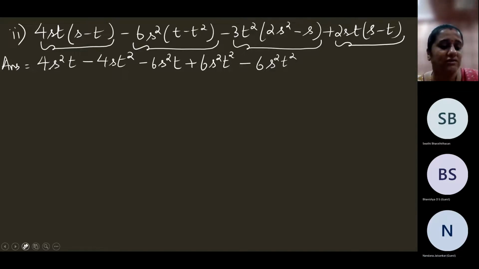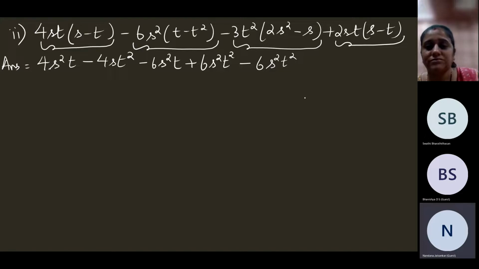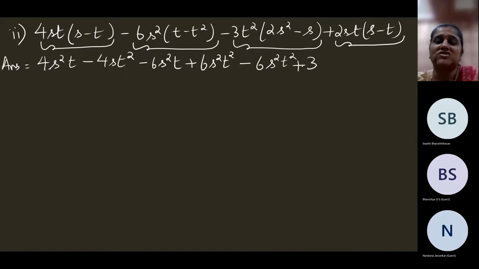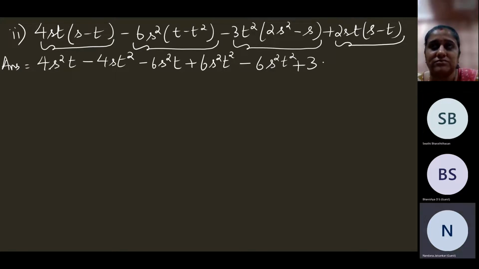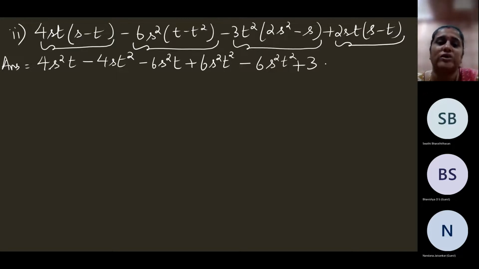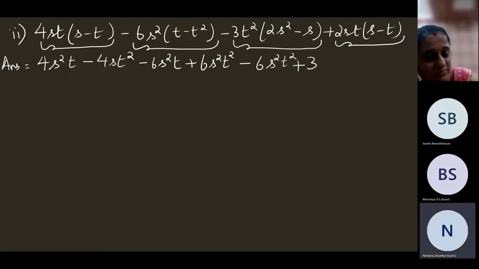Continue, Nandana. Plus 3t square s. Shall I change it and write? Just see the other terms. Shall I write t square s or st square? Just see if you have st square anywhere. Yes, ma'am, minus 4st square.